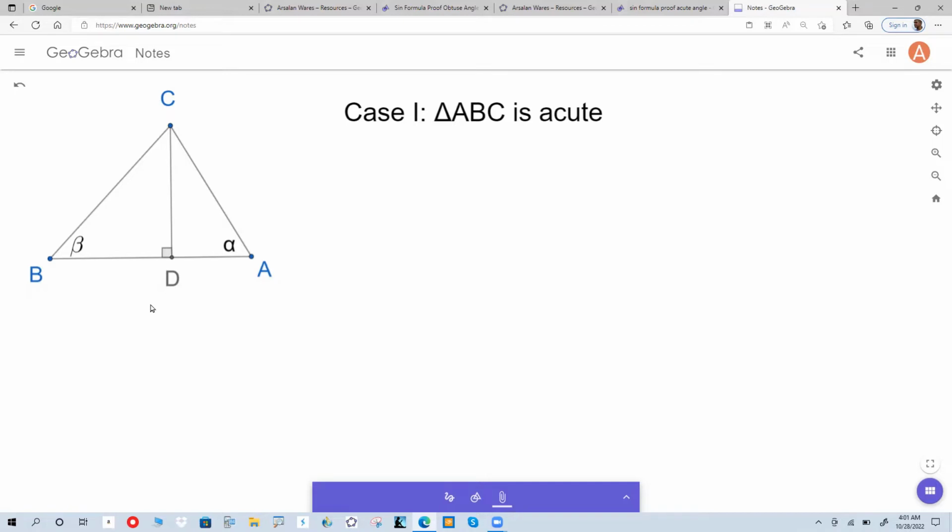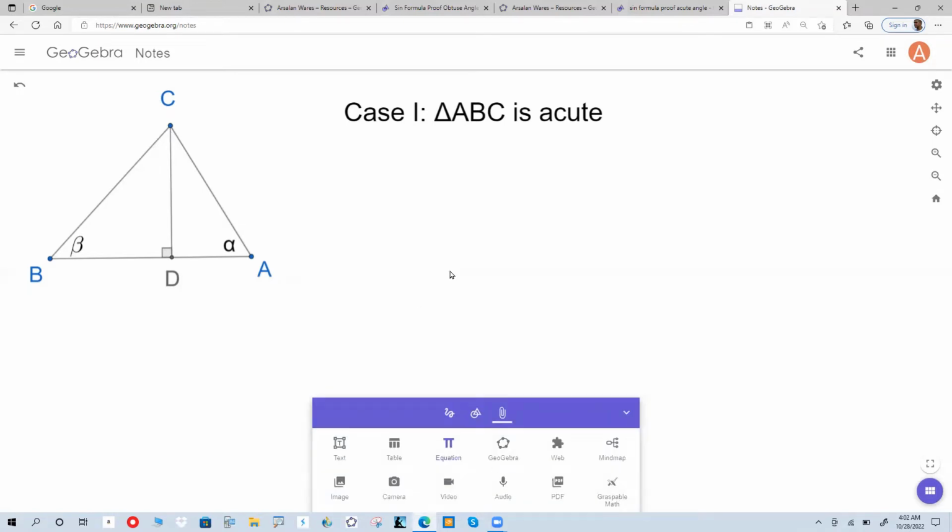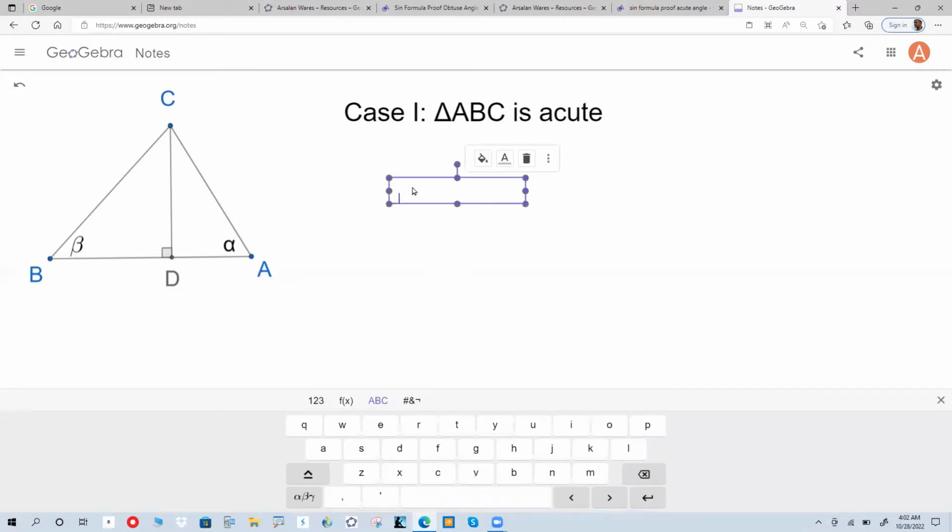So what I'm going to do is consider the right triangle BDC, and I'm going to write the following based on the very definition of sine of an angle. So sine beta is DC by BC.